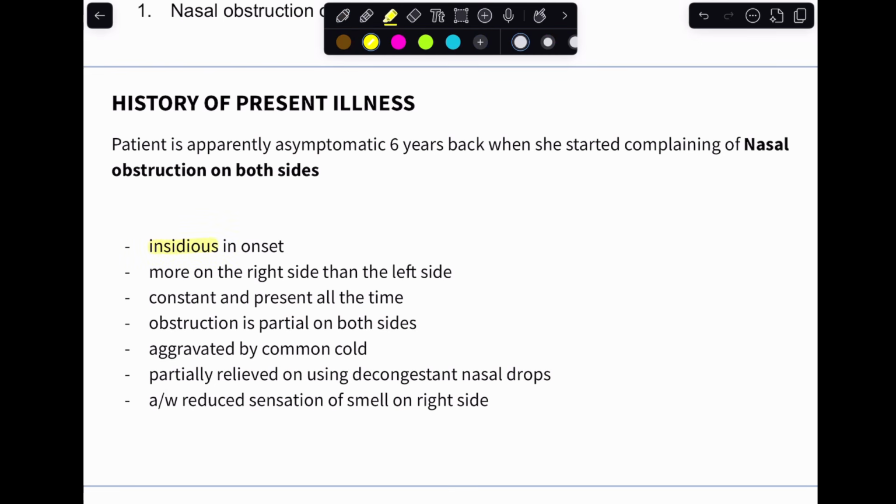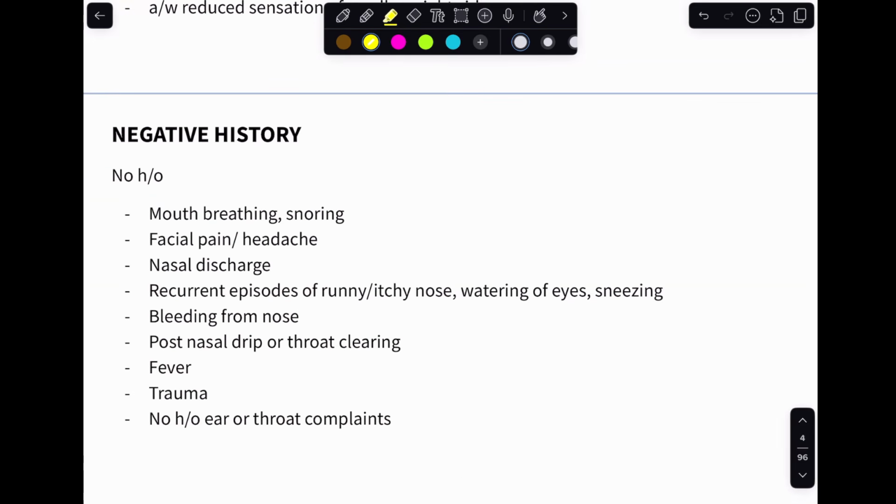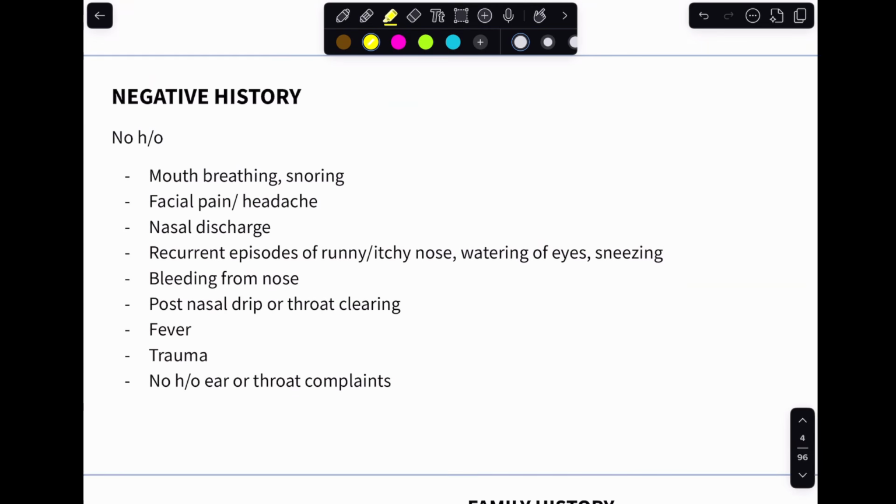Now, this was insidious in onset, more on the right side than the left side, constant and present all the time. Obstruction is partial on both sides. This is aggravated by common cold and partially relieved on using decongestant nasal drops. And this is also associated with reduced sensation of smell on the right side. Now that's all the positive history that the patient has given you.